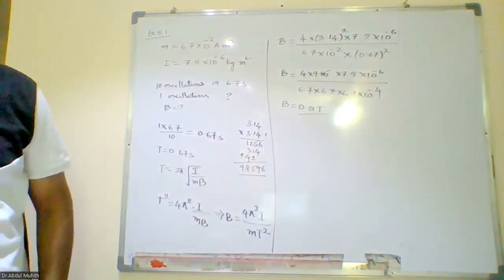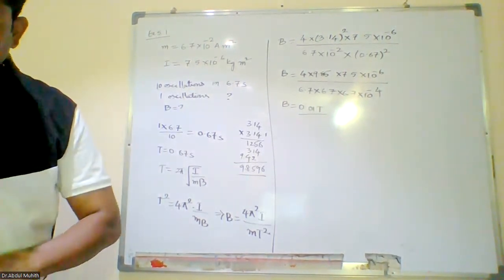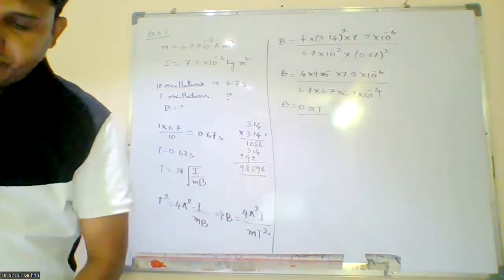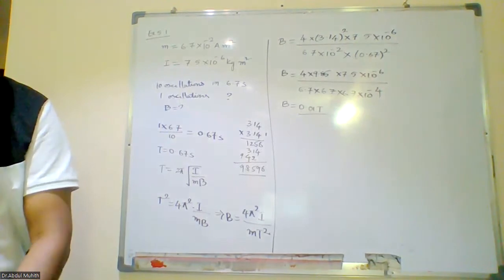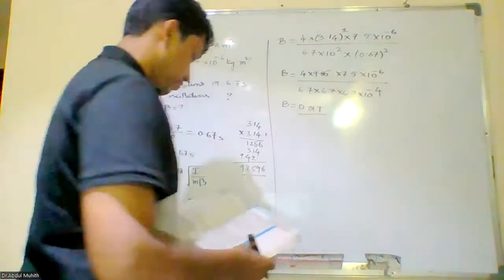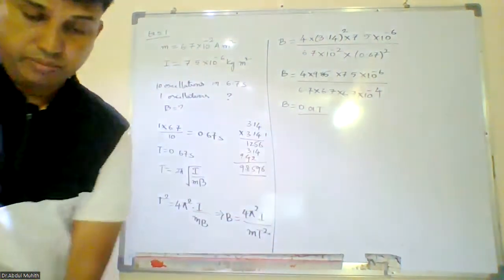A short bar magnet placed with its axis at 30 degrees with a uniform external field of 800 Gauss. I'll erase this.